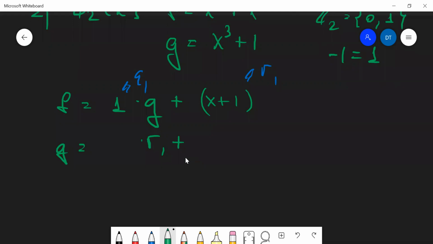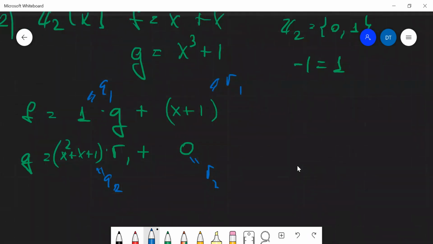So x cubed plus 1, it's g. x squared plus x plus 1, like the incomplete square, yeah, the formula. So it's x squared plus x plus 1 that will be the quotient, and the remainder is 0.